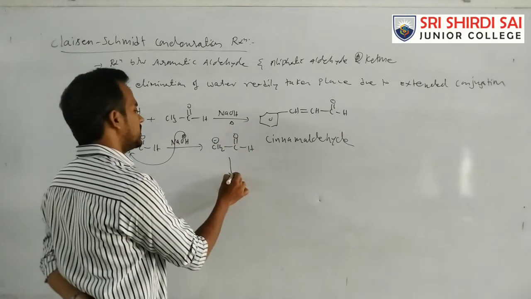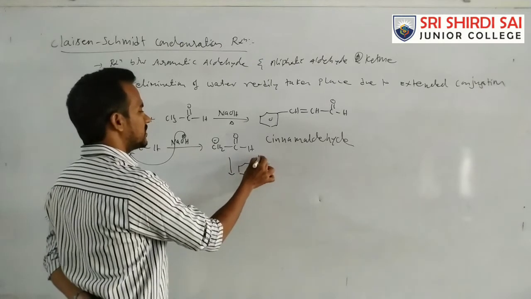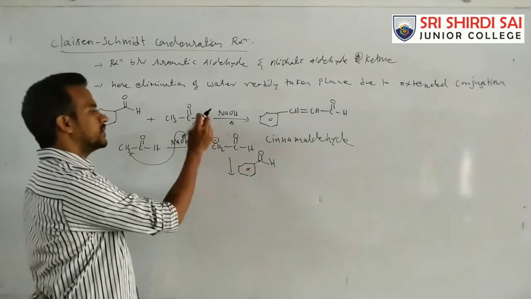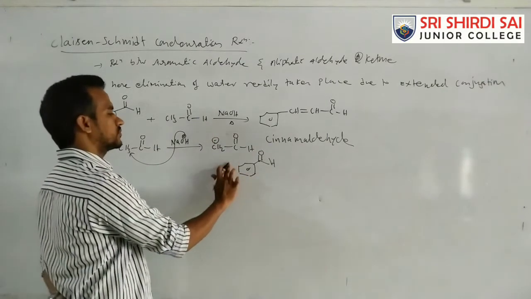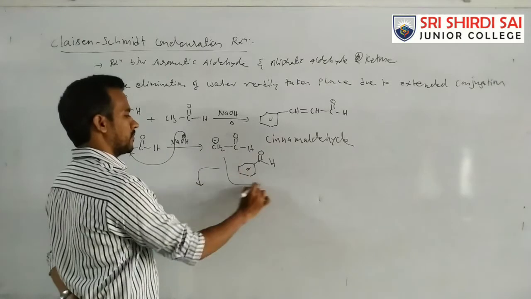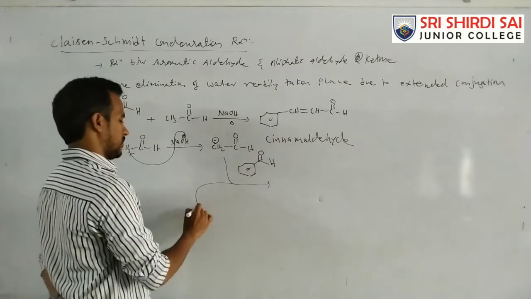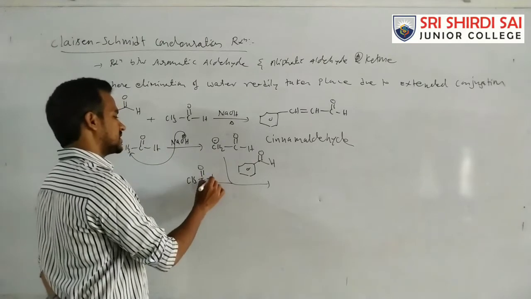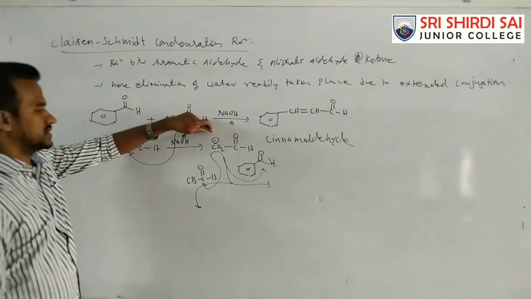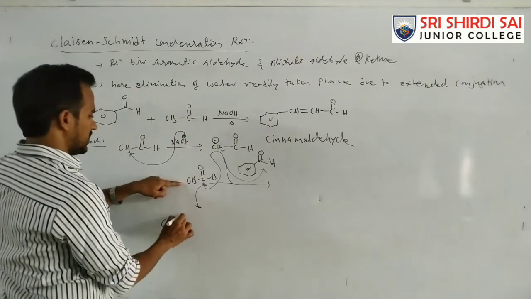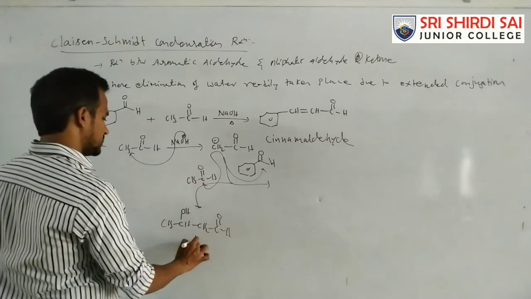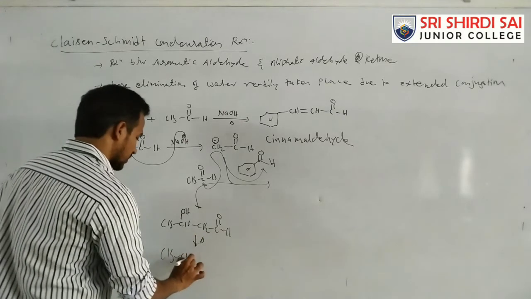This carbanion attacks the benzaldehyde molecule, or it may attack the same acetaldehyde molecule. Two chances are there. In this case, CH3, this one becomes OH, H, CH2C double bond OH. On further heating, this gives the unsaturated aldehyde product.